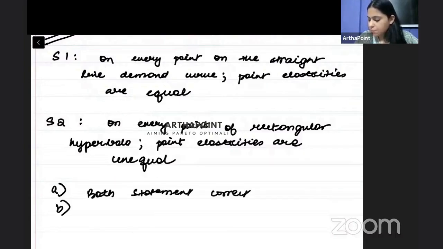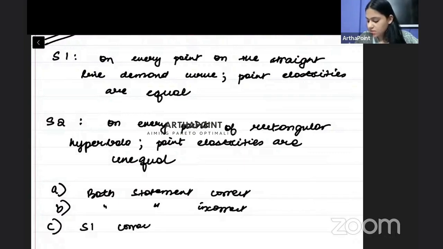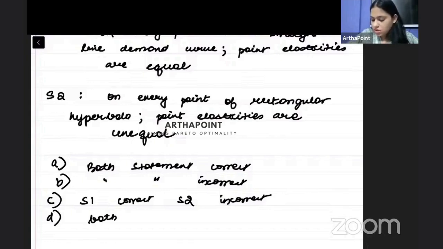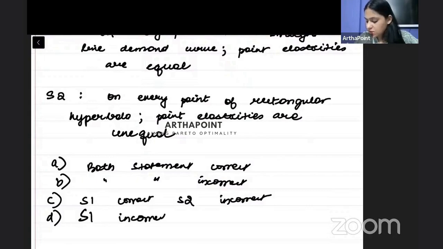Option B. Both incorrect. Option C. Statement 1 is correct, statement 2 is incorrect. Option D. Statement 1 incorrect and statement 2 correct. Think carefully, children.